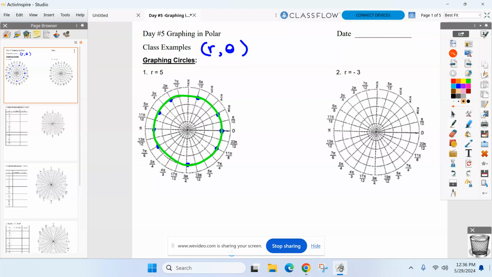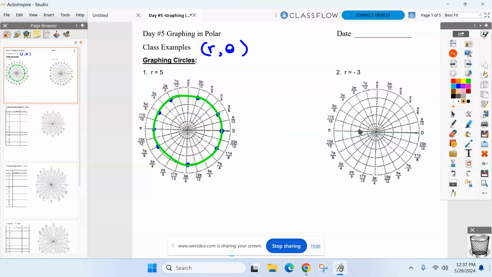Will it change if I make the r value negative? No. Say you go to 0. Well, instead of going to 0, you're going to go in the opposite direction because it's negative. And now you're going to go 3 away in the opposite direction: 1, 2, 3.